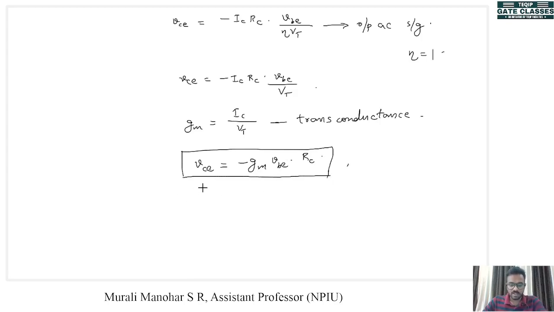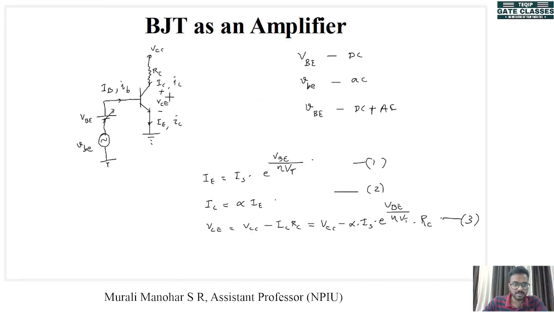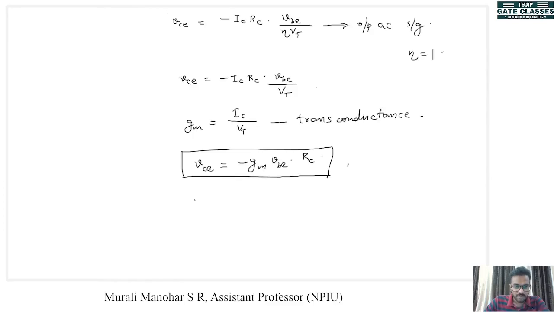We also know from this diagram that the output value vce can also be written as small ic into RC. So vce can also be written as ic RC, there will be a minus sign.